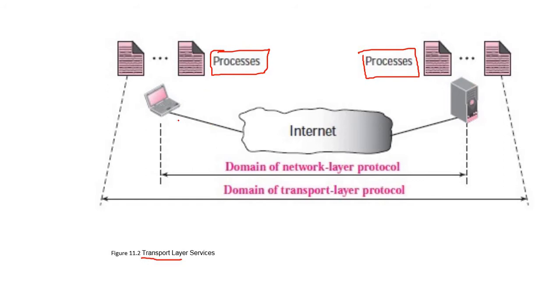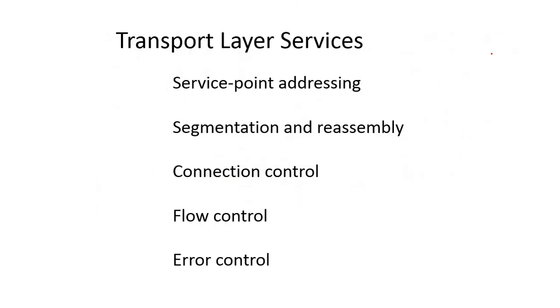Up to the end device, the network layer is working. The network layer produces connectivity from one device to another device, whereas the transport layer produces connectivity from one process to another process.